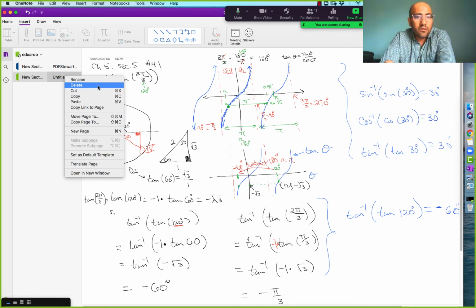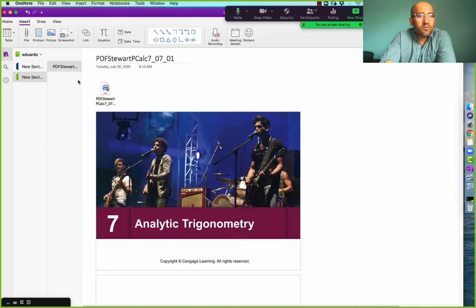Are you guys aware of some math apps out there where you can take pictures of math problems and it just gives you the answer? There's one called Photo Math, I think. It's a free app, and you can write down a math problem, take a picture of it, and it gives you the answer.